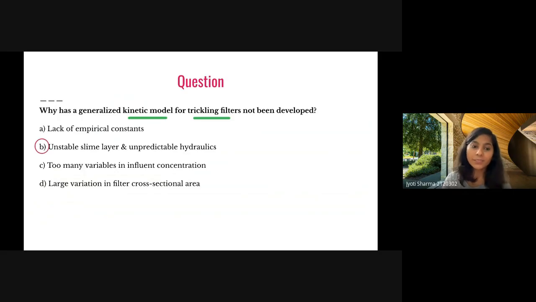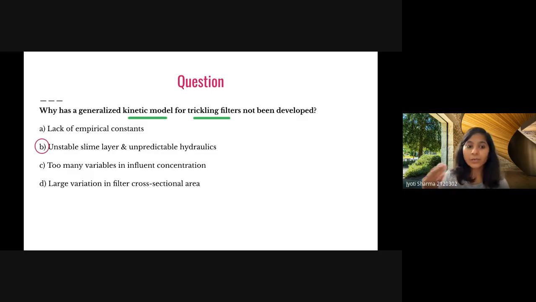So yes, I also agree with this, because here the slime layer is, we talked about the sloughing condition, detachment of your biofilm due to some hydraulic shock, or because there is anaerobic condition at the bottom of your media, so the microorganisms will be starved, will not have sufficient oxygen or sufficient food, so they have to be detached.